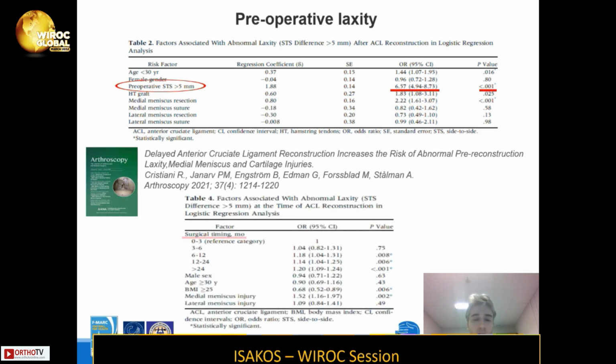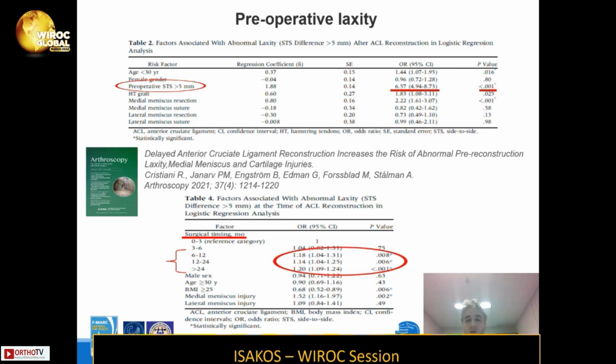What we found was that patients who waited more than 6 months from injury to ACL reconstruction had a higher risk of having abnormal pre-reconstruction laxity compared with the patients who got early surgery. So the reference group was between 0 and 3 months from the ACL injury.